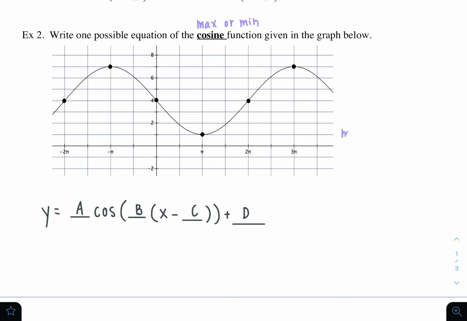So to start, our midline is found by taking our maximum point, which in this case is 7, plus our minimum point, which is 1, and dividing by 2. So our midline, our d value, is at 4.